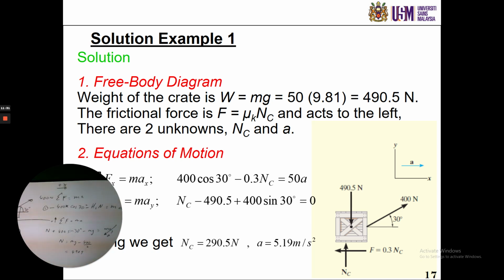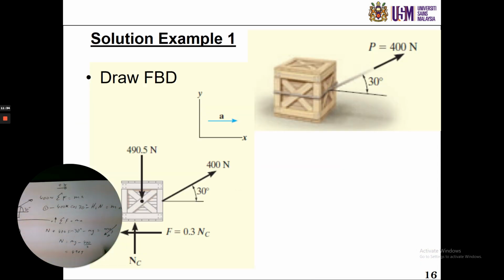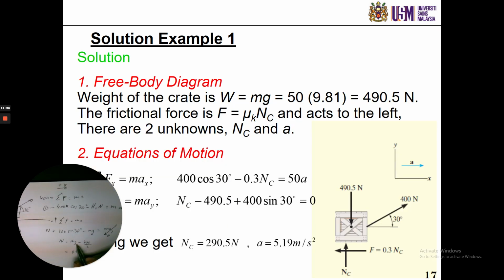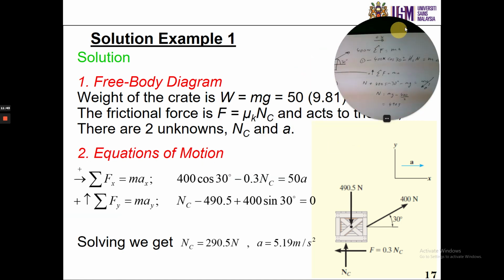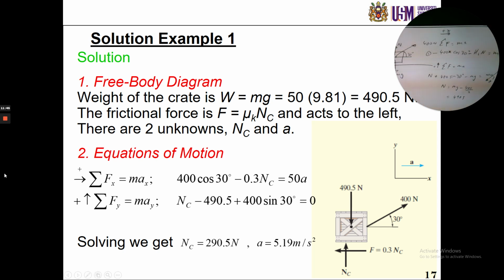Because the mass here is 50, and 50 times 9.81 is 490.5, as shown here. Minus 400 times sine 30, which is 1/2, so N equals 290.5 Newtons.